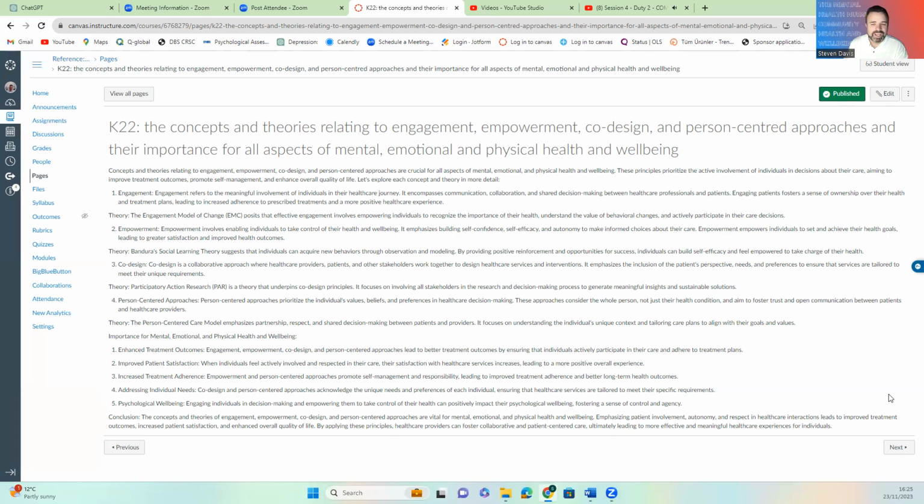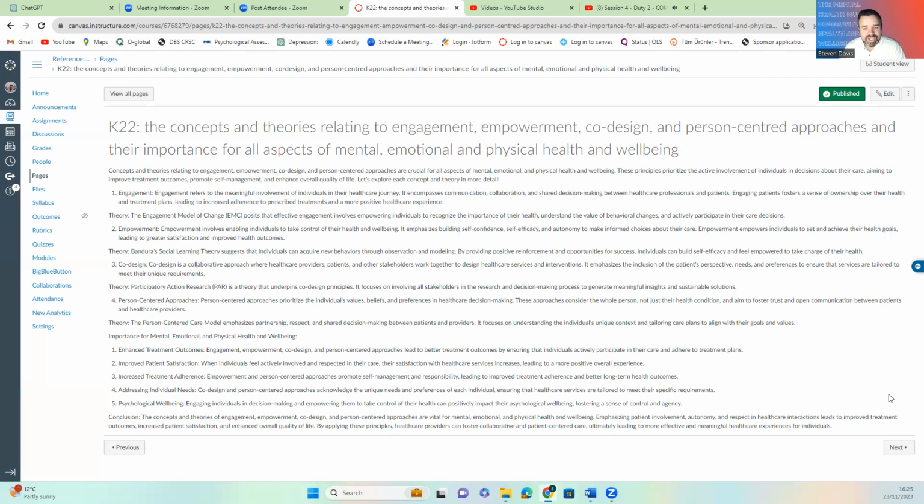And here you've got the engagement model of change, so really recognising that. Then empowerment: enabling individuals to take control of their health and wellbeing, looking at self-confidence, self-efficacy, autonomy and making choices.